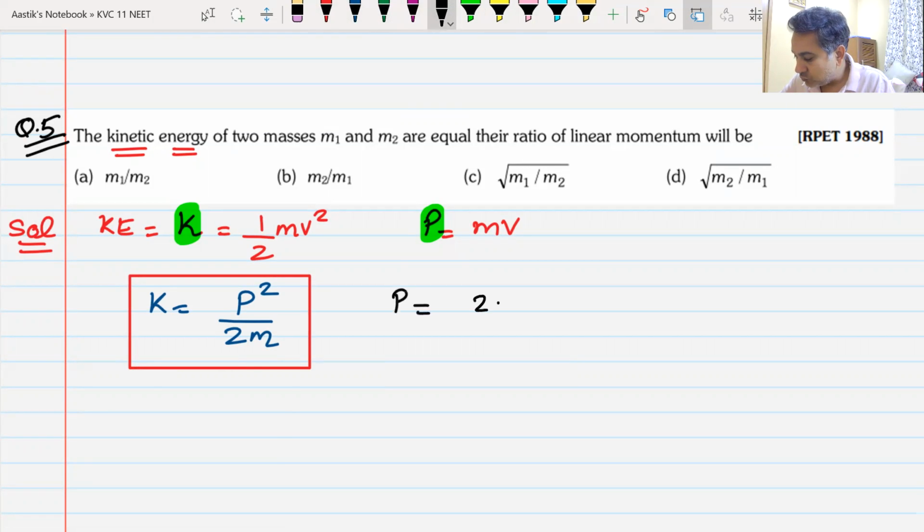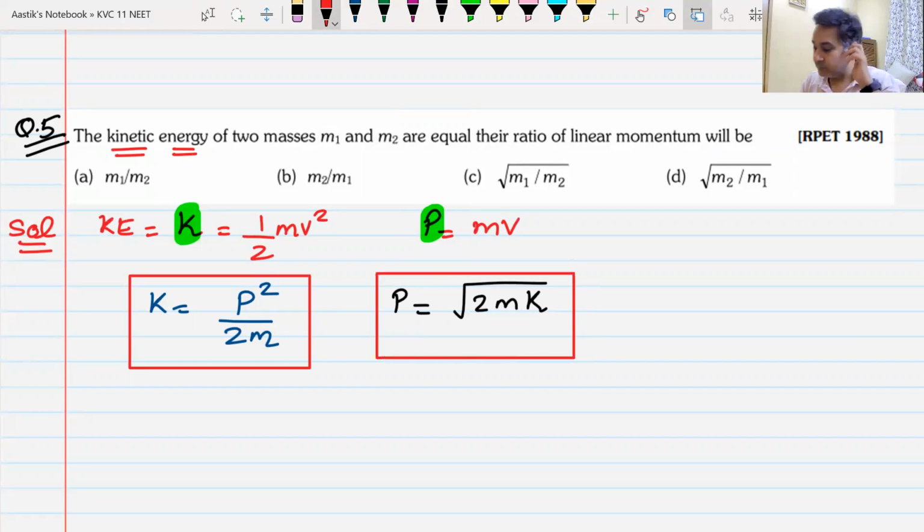Or I can write momentum is root of 2mK. Yes or no? The left hand side equation is kinetic energy written in terms of momentum. The right hand side equation is momentum written in terms of kinetic energy.